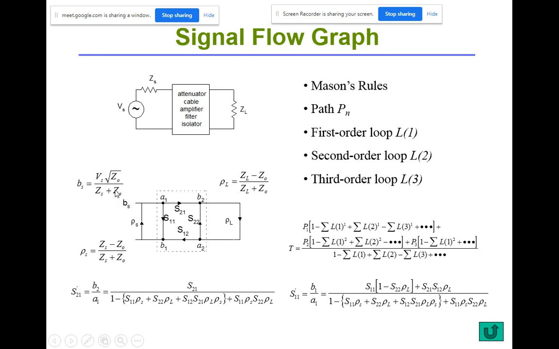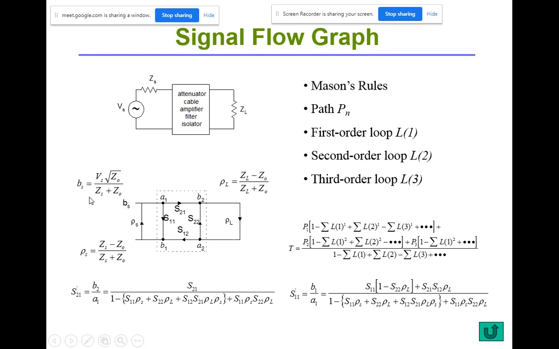So this BS is given by the voltage of the source divided by the total impedance, ZS plus Z0, where Z0 is the port impedance of port 1.